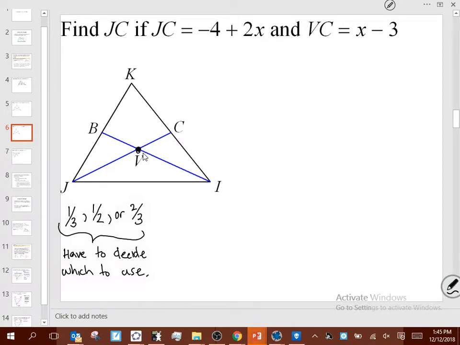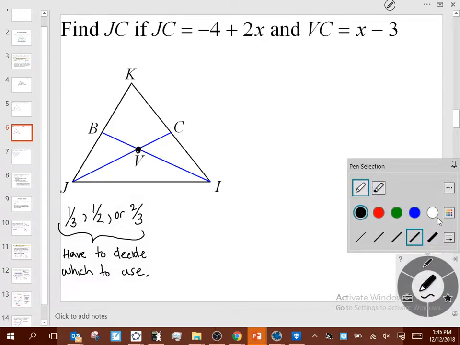I will make it a point to say the blue lines are medians, or tell you that B and C are midpoints, so that you are forced to learn your vocabulary and understand how they interrelate and interact with one another to create other objects. So when you get to homework, tests, quizzes, understand that I'm going to phrase my questions so that you can answer them if you know your vocabulary. If you don't know your vocabulary, you're going to struggle on that stuff.